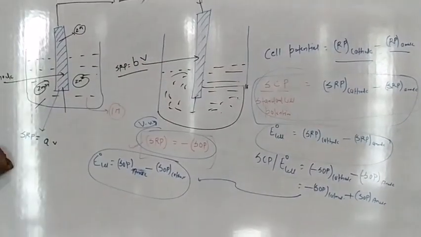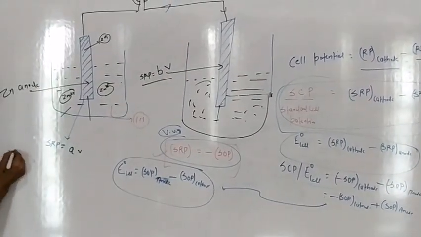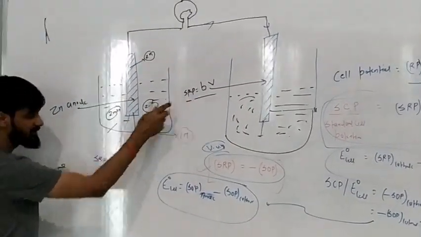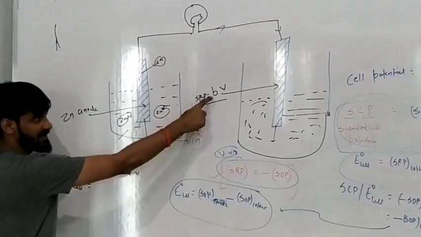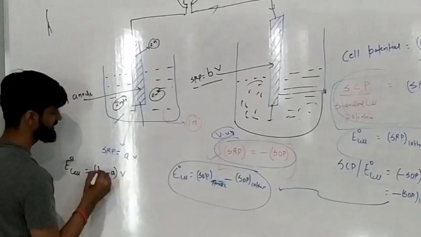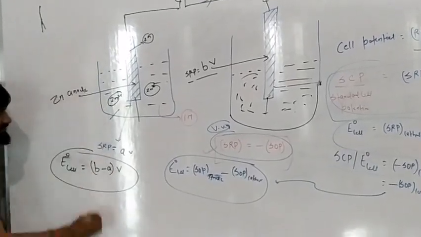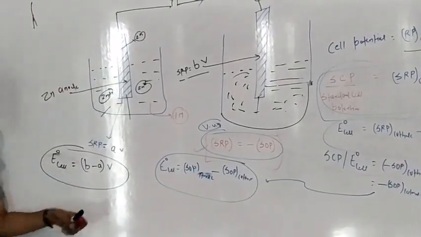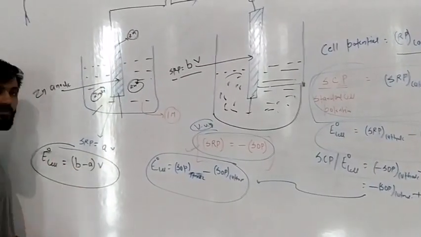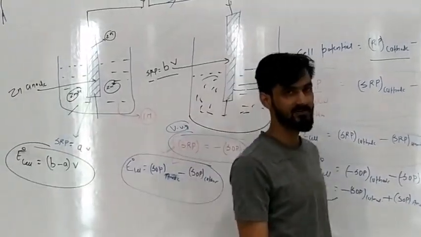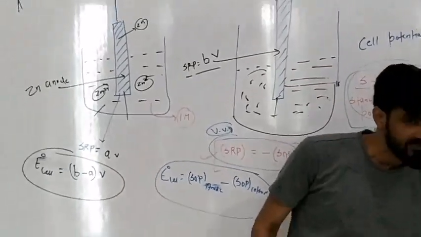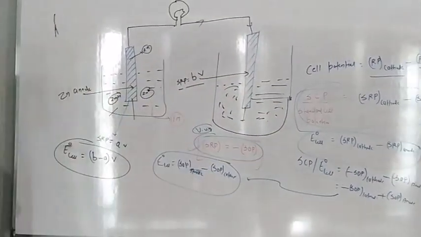Then the standard cell potential E naught of cell is equal to the standard reduction potential of cathode minus that of anode, so it will be V minus A volt. These are small, simple questions that can be asked. The numerical data will be given; I have just assumed A and V volt. If JEE or NIT asks a question, there will be numerical data.